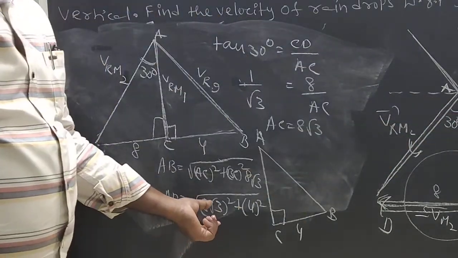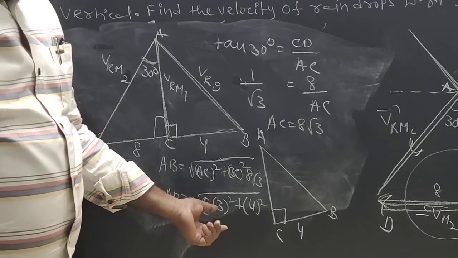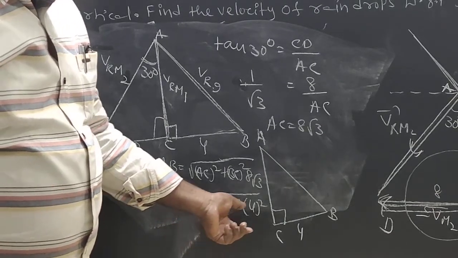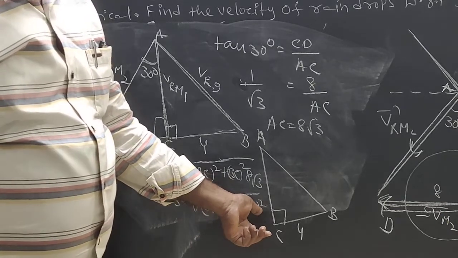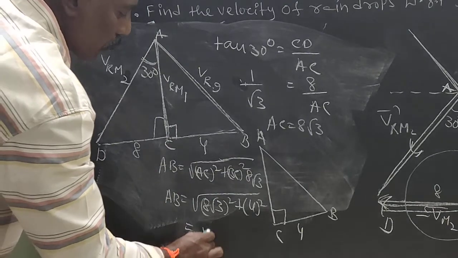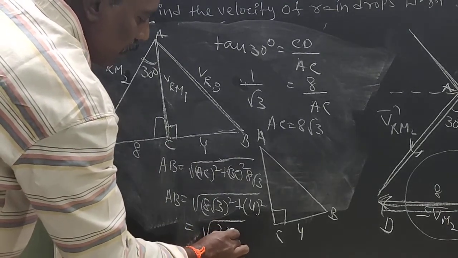What is 8 root 3 whole square? 64 into 3, that is 192. 192 plus 16 is 208. So square root of 208.